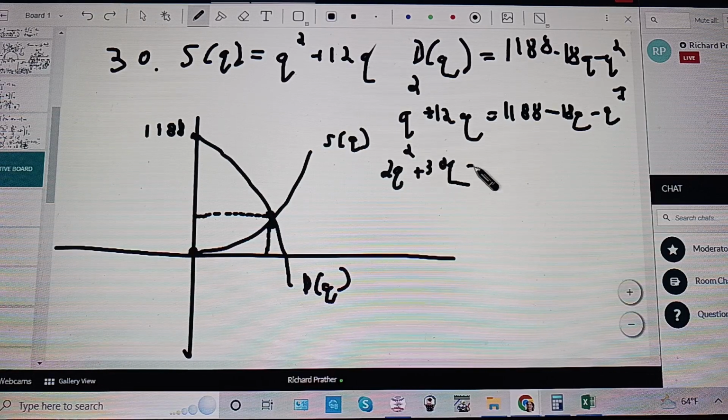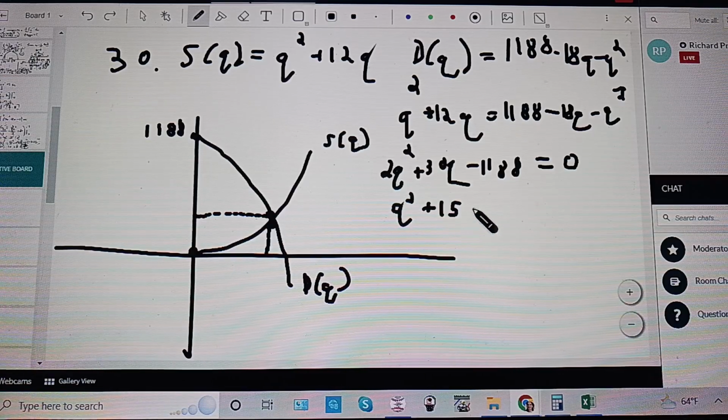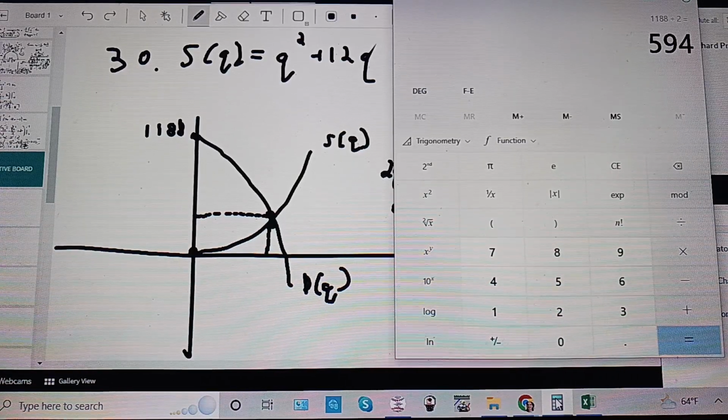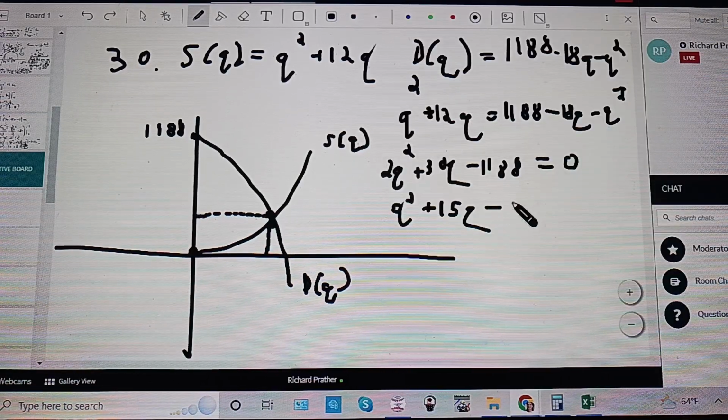And subtract the 1188, so it can be equal to 0. Those all divide by 2 as well. 594. So it's a little bit hard to tell what multiplies to 594 and subtracts to a 15.